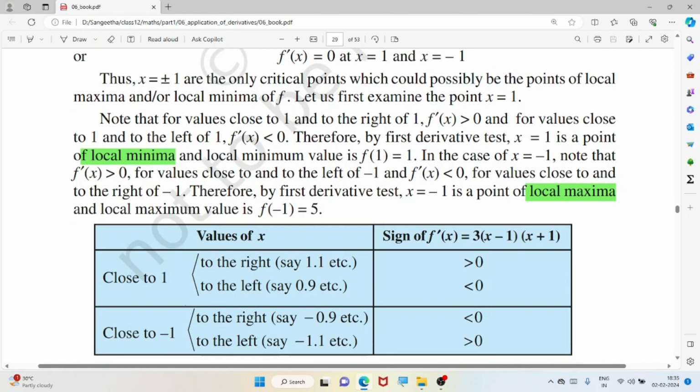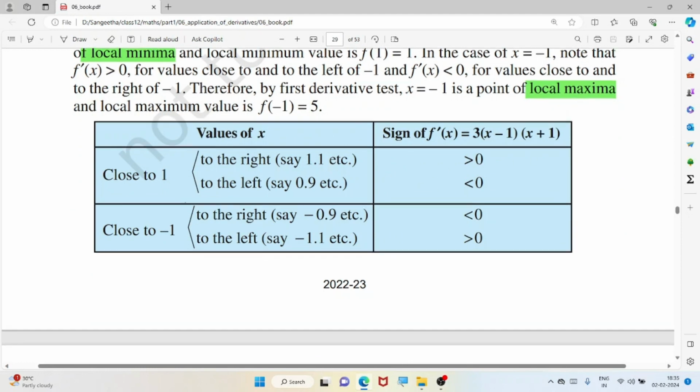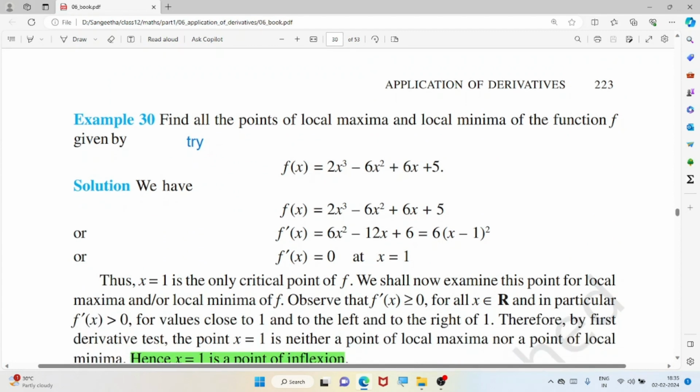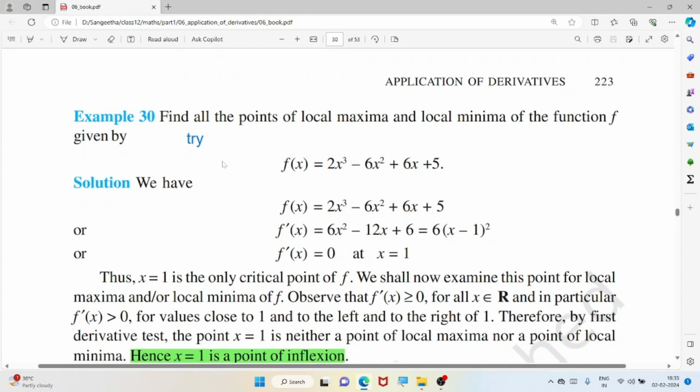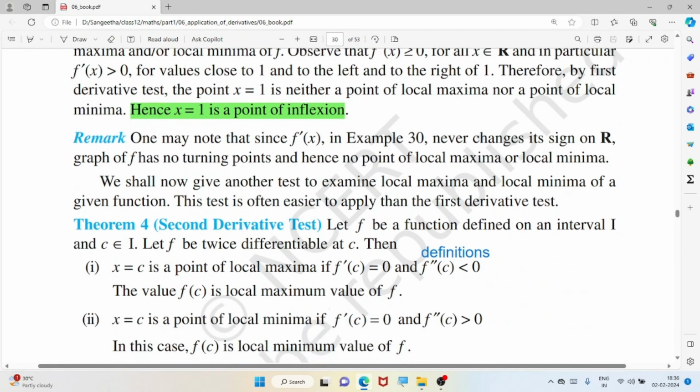Local maximum, local minimum. Case 1, when x equal to 1, this is the one. So okay, x equal to minus 1. You can again go through this. You should always match how they are using the definitions, that is the rules. A point of inflection is neither a point of local minimum nor a point of local maximum.